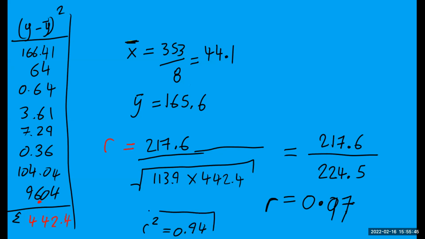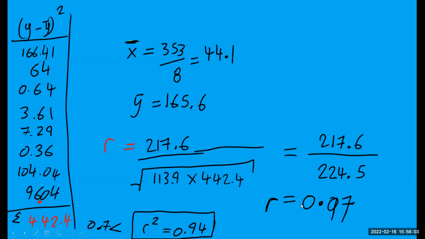Once we have 0.94, we know that this is of course greater than 0.7. Once it's greater than 0.7, we know it's strong. It is strong positive correlation. Positive correlation because it's a positive R value.